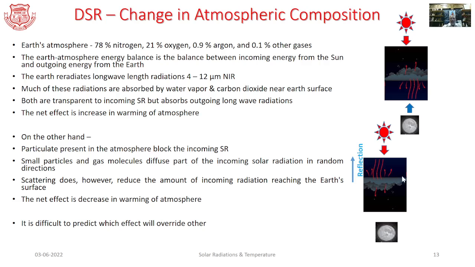So, as the energy is not reaching the Earth's surface and is reflected back or scattered in the atmosphere, this will cause a reduction in the temperature of the atmosphere.